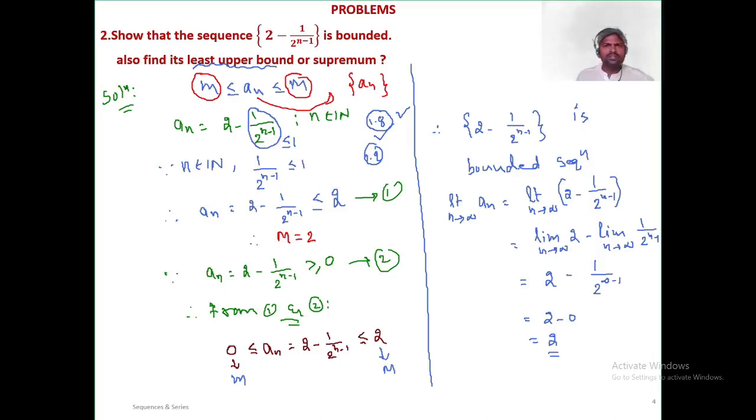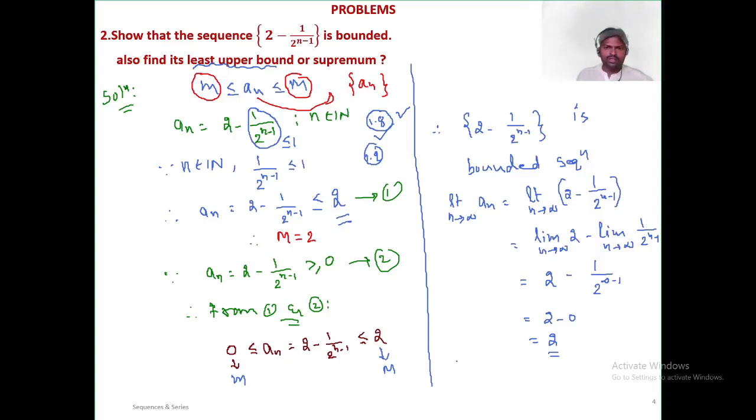An increasing sequence which is bounded above always converges to its least upper bound, that is called the supremum. Therefore now I can conclude that 2 is a supremum, but here I don't know whether this sequence is increasing or not. Unless it is an increasing sequence, you cannot conclude 2 will be a supremum.